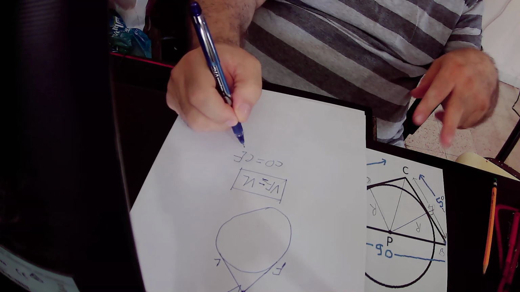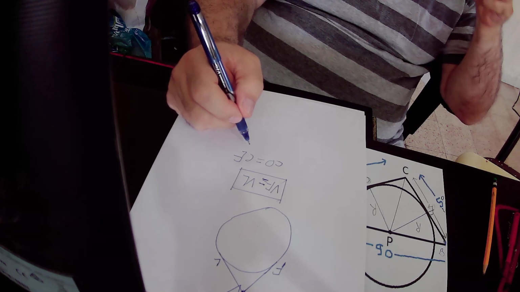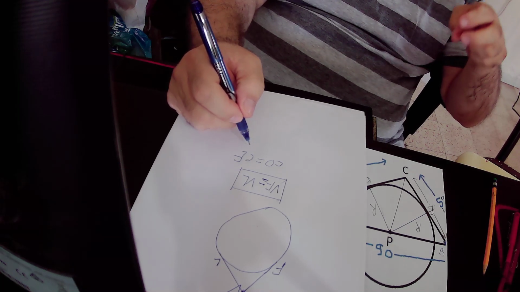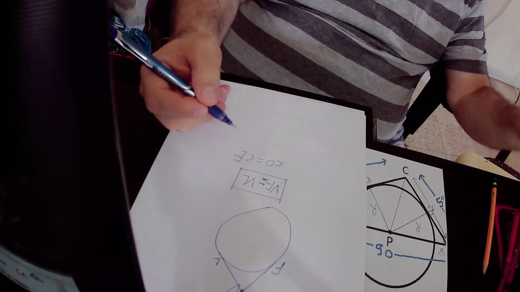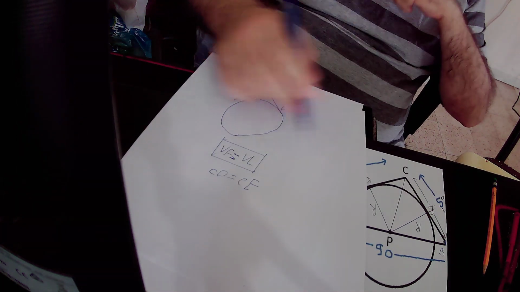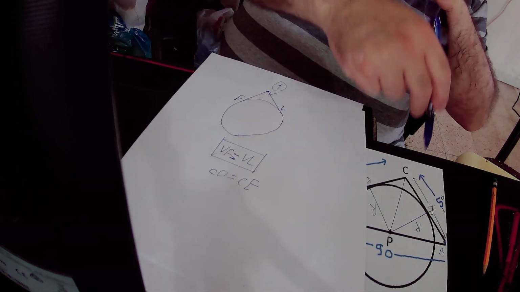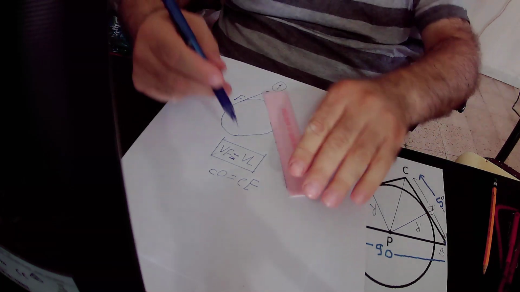Why? Because of the rule that whenever you draw two tangents from an external point of a circle, they are equal to each other. So CO equals CE.